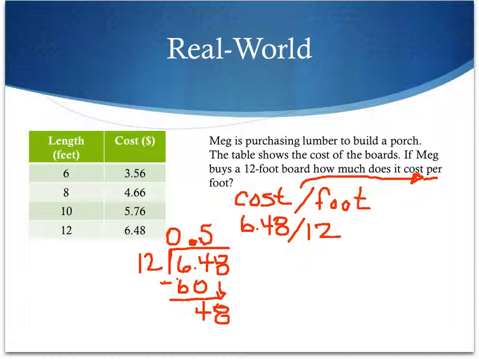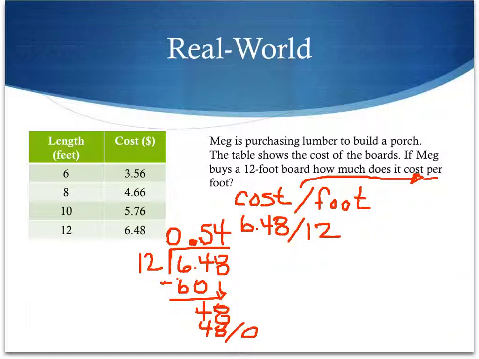How many 12s go into 48? That's another basic fact. 12 goes into 48 4 times, and 12 times 4 is 48. So my remainder is 0. 0 is smaller than 12. And I know that I have no more numbers to bring down. So the answer that I would get then, how much would it cost per foot?